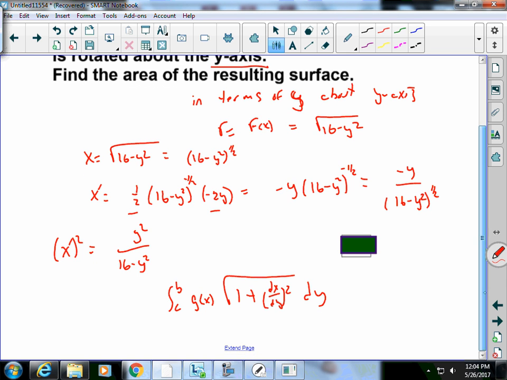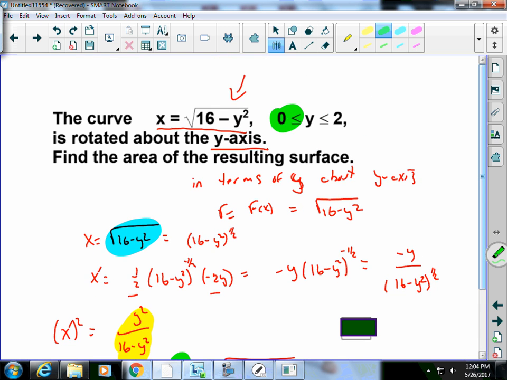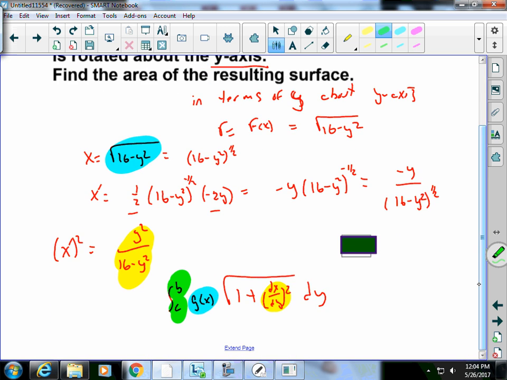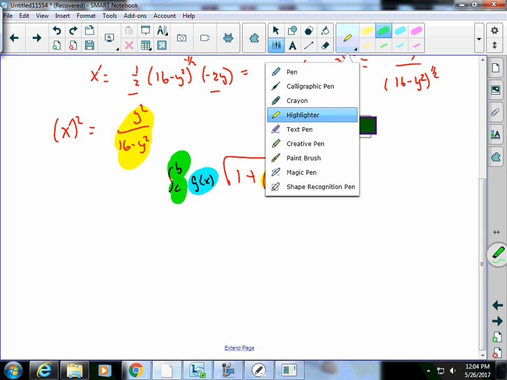Let's see what we have. This is this part here, and g of x, there it is. We want to go from a to b, which is in terms of y. So we have everything we need. Everything's in terms of y, so let's write this problem up.